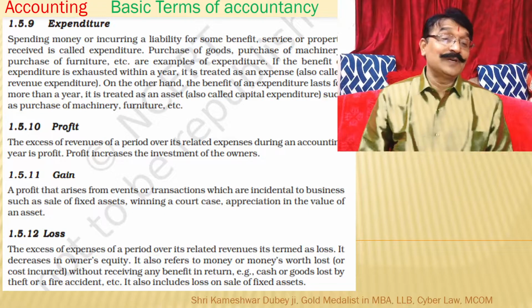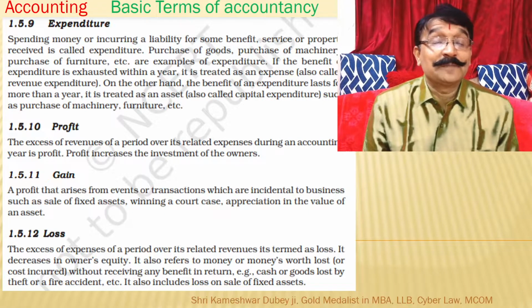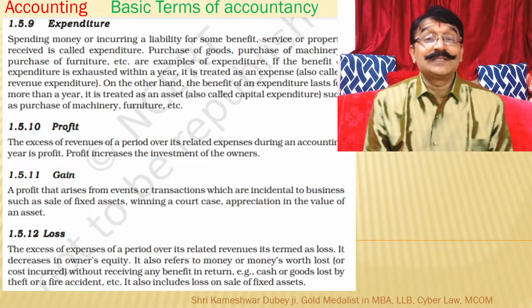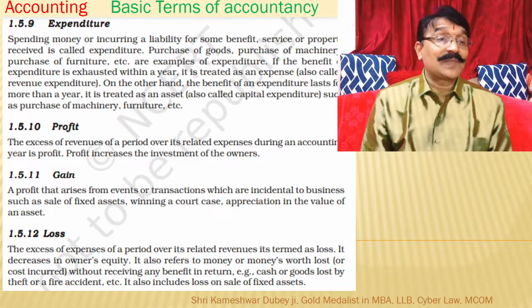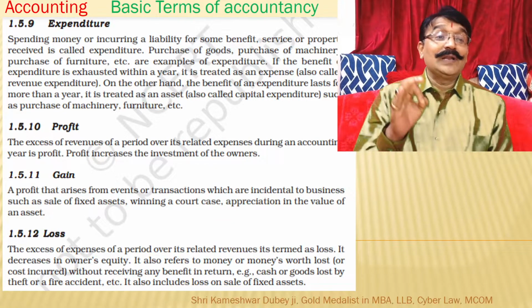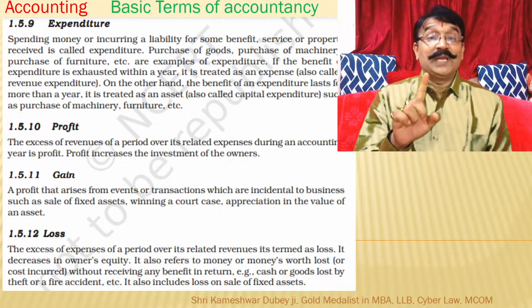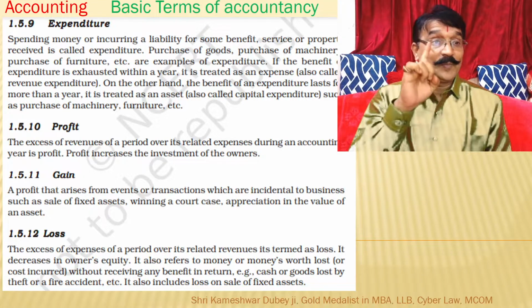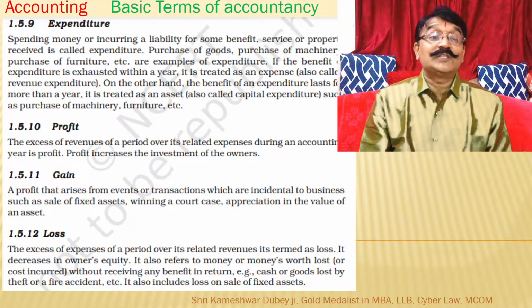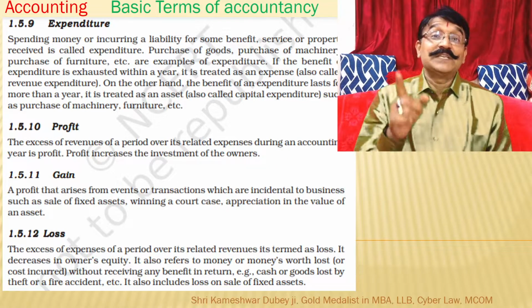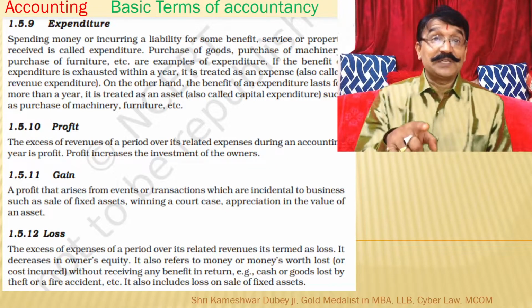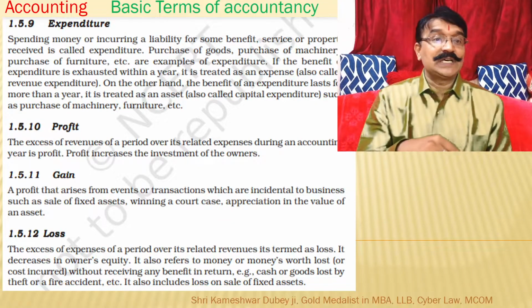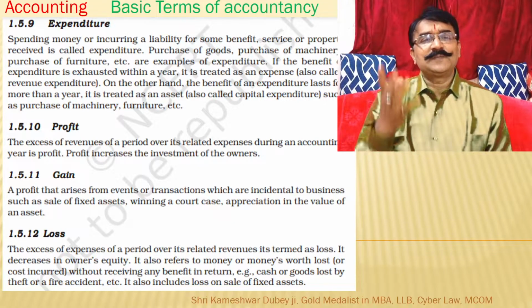Now there is another terminology called expenditure. Yes, expenditure is different from expenses. Spending money or incurring a liability for some benefit, services or property received is called expenditure. Purchase of goods, machinery, and furniture are examples of expenditure.